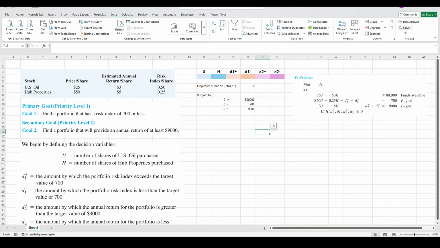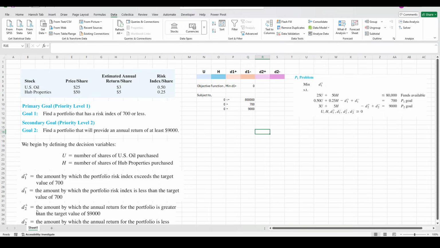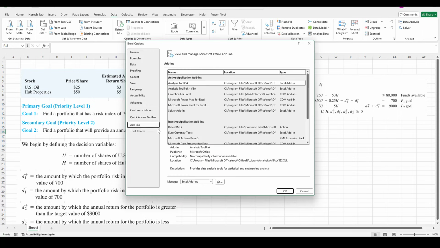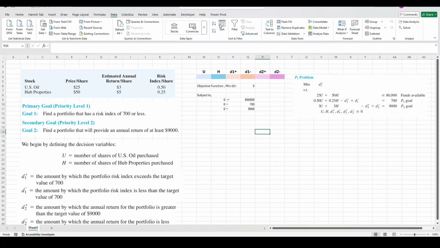If Solver is not there, go to File, Options, Add-ins, Excel Add-ins, Go, and there you will see the Solver add-in. Tick mark this and say OK. After some seconds Solver should appear in the Data tab on the extreme right side.